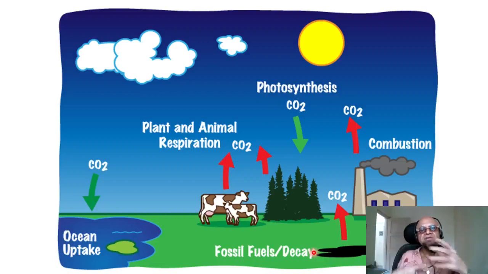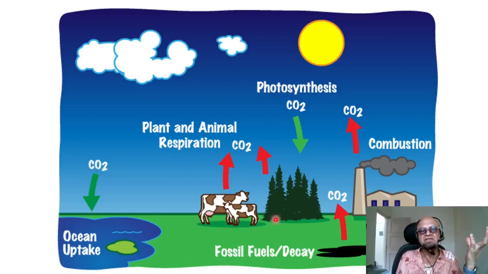So there are various ways in which CO2 gets released after it's been combined with water and CO2 to produce hydrocarbons. Okay, so combustion. We are producing energy by burning hydrocarbons like coal, petrol, gas, biomass. We are burning trees themselves and so on. So that is a source of CO2.